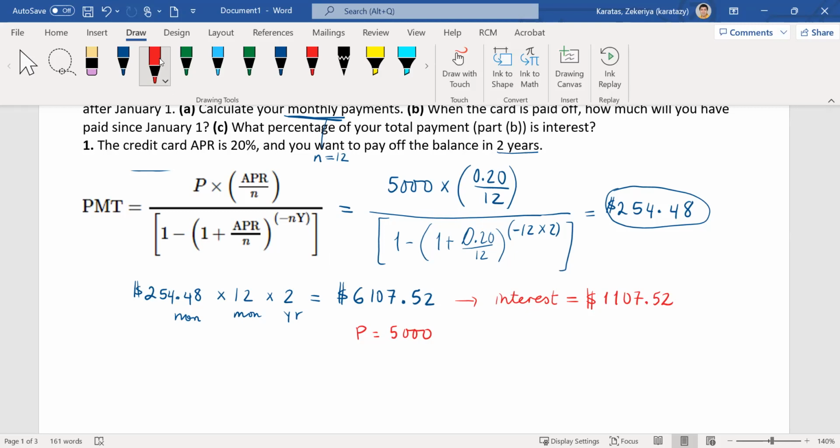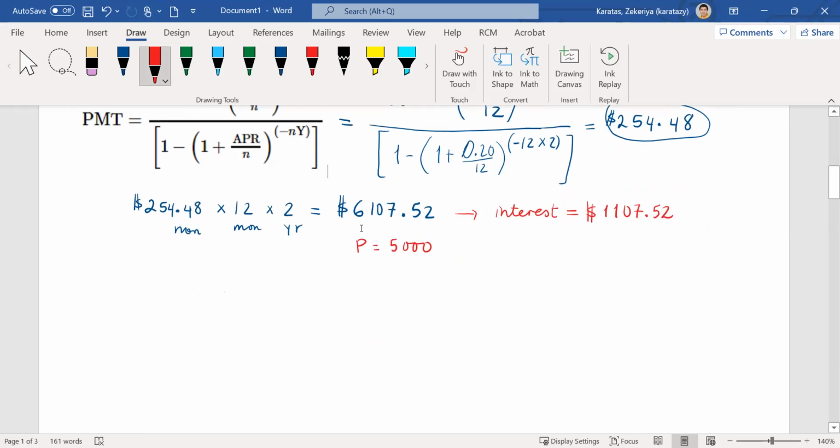The last part says, what percentage of your total payment is the interest? So you already found the interest, and you already found how much you paid total. So you just simply divide them. It's going to be 1107.52 divided by $6,107.52.